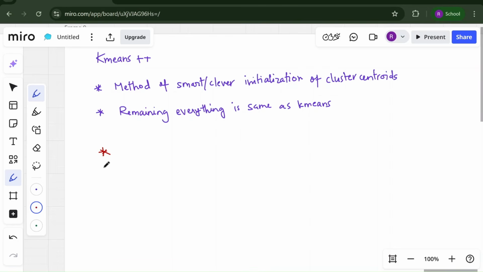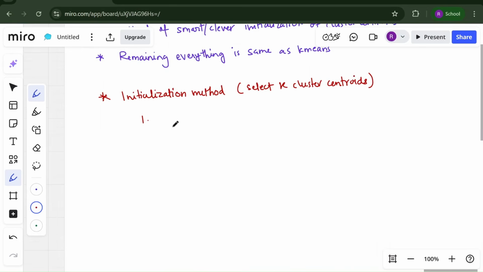First of all, what we do is that, in the initialization method, we want to select k cluster centroids, or cluster means. Okay, how do we do it?